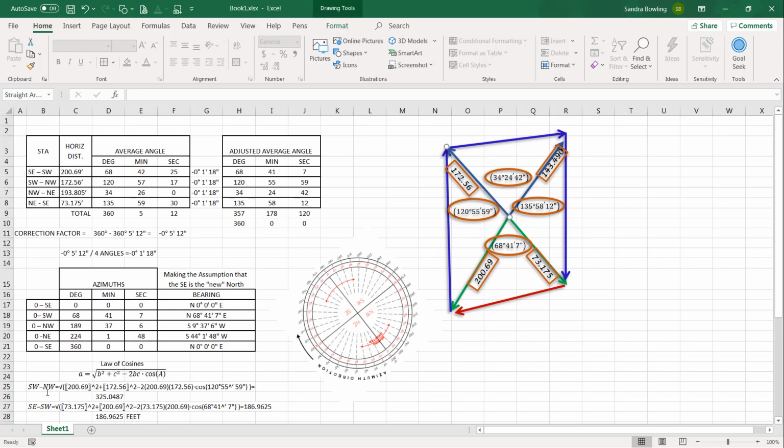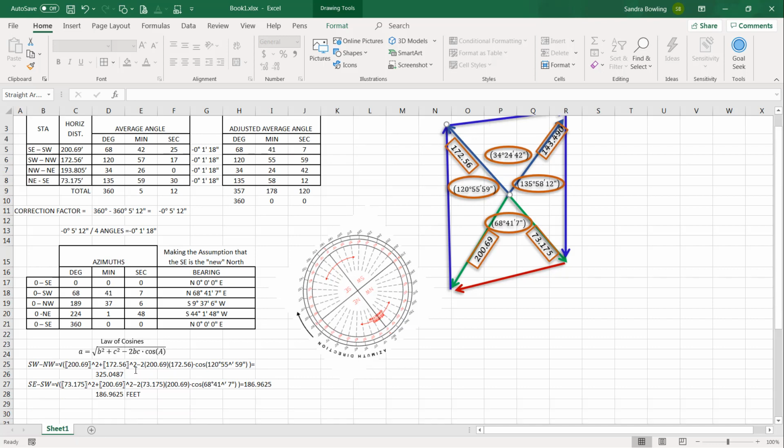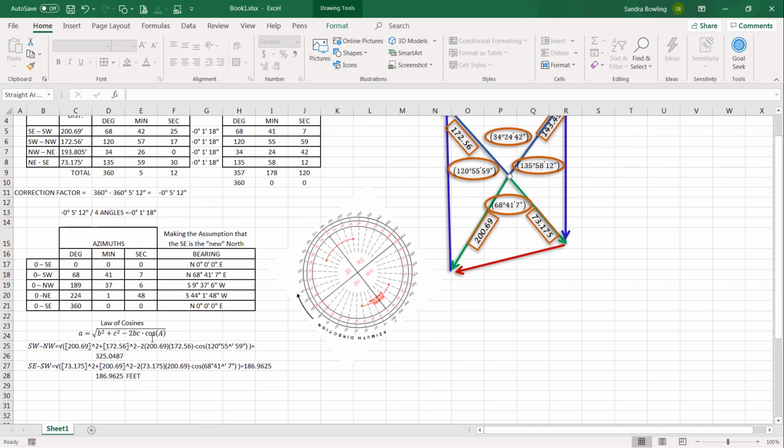Now, I'll show you one more example. So if I'm looking from the southwest, this line here, to the northwest, this line here, I've got 200.69 and I've got 172.56. That is my B and C lengths in the equation. And the A, the interior angle, is 120 degrees, 55 minutes, and 59 seconds.